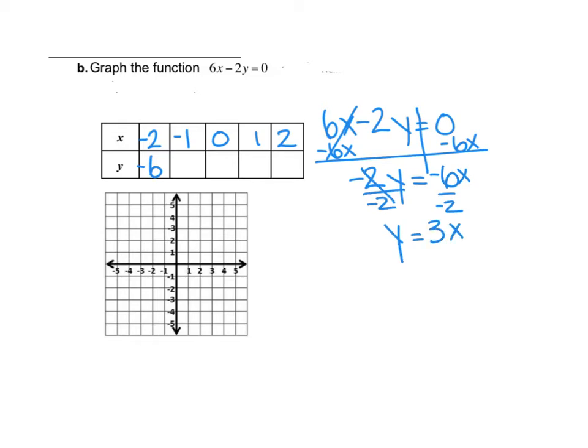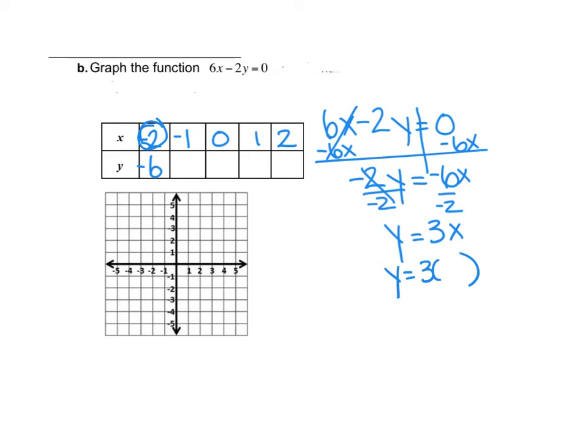So now that I've rearranged and solved for y, when I plug in these values, you're going to notice that it's a lot easier. I have y is equal to 3 times -2. y is going to be equal to -6. And notice you got the same answer, that -6. So let's plug in our next number.